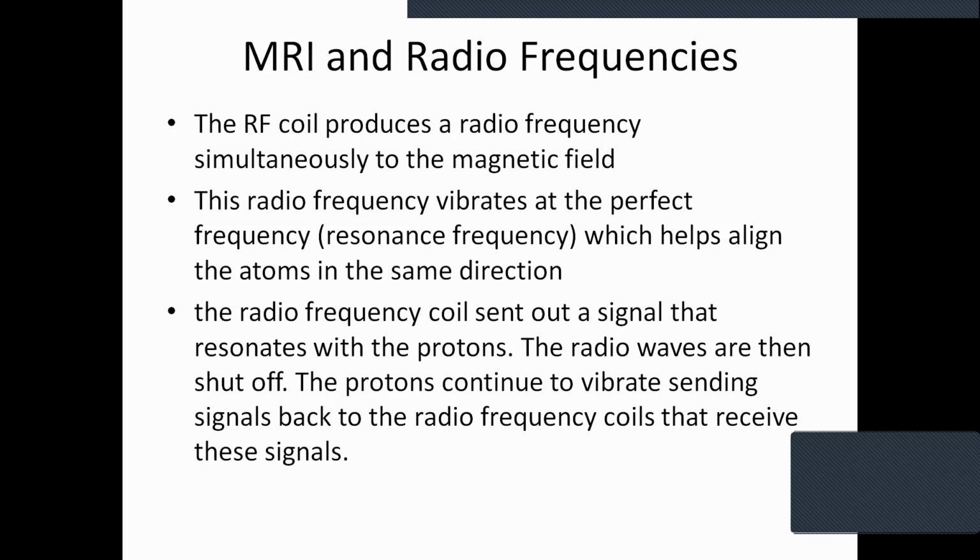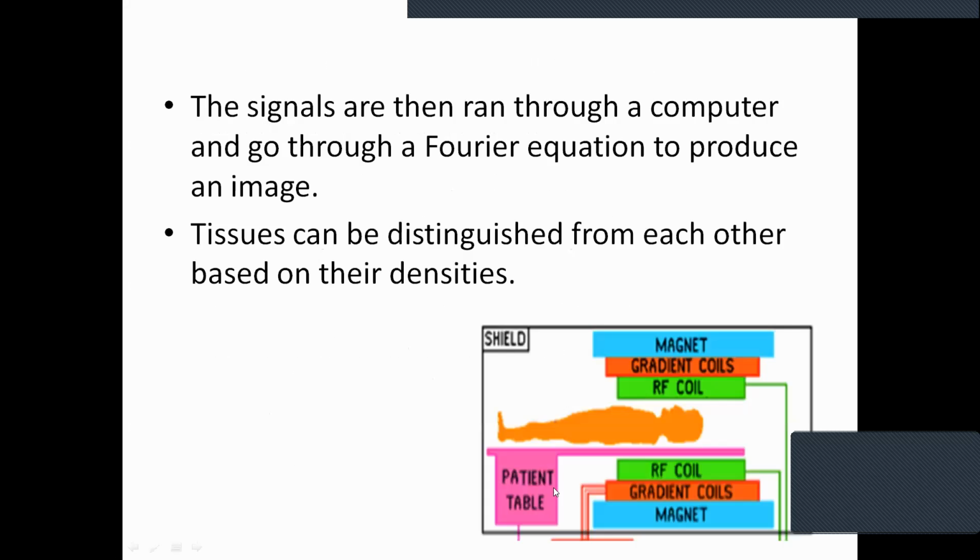When the radio waves are dropped out, the protons continue to vibrate, sending signals back at radio frequency values to be received. So this is the internal alignment for the patient's body. The signals go through the computer.